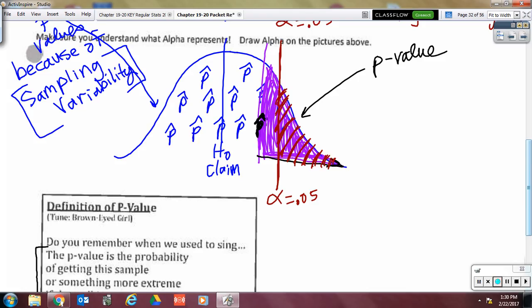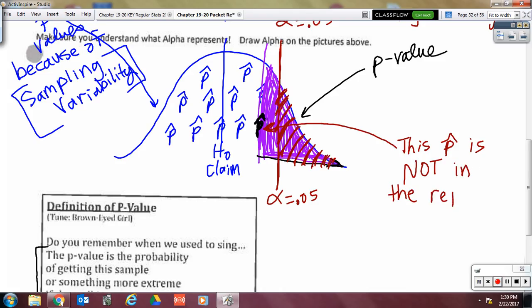Let's look at this second picture. Look at where your sample is. Is this sample, this black p hat, located in the rejection region? No. So this p hat is not in the rejection region.